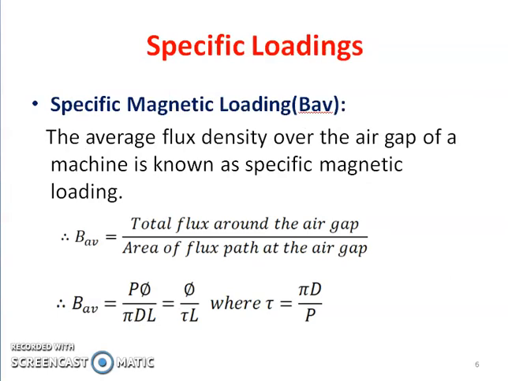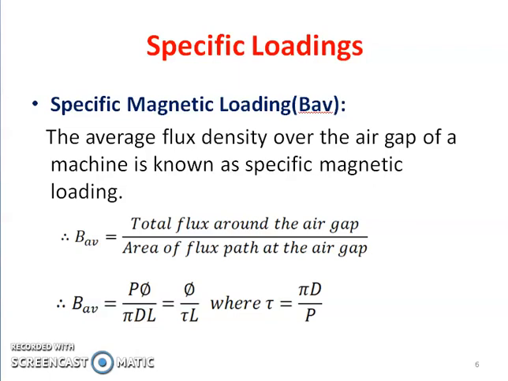Next we have two important specific loadings. These play a very vital role in case of induction motor. One is specific magnetic loading. Then what is specific magnetic loading and how is this term defined? The average flux density over the air gap of a machine is known as specific magnetic loading.